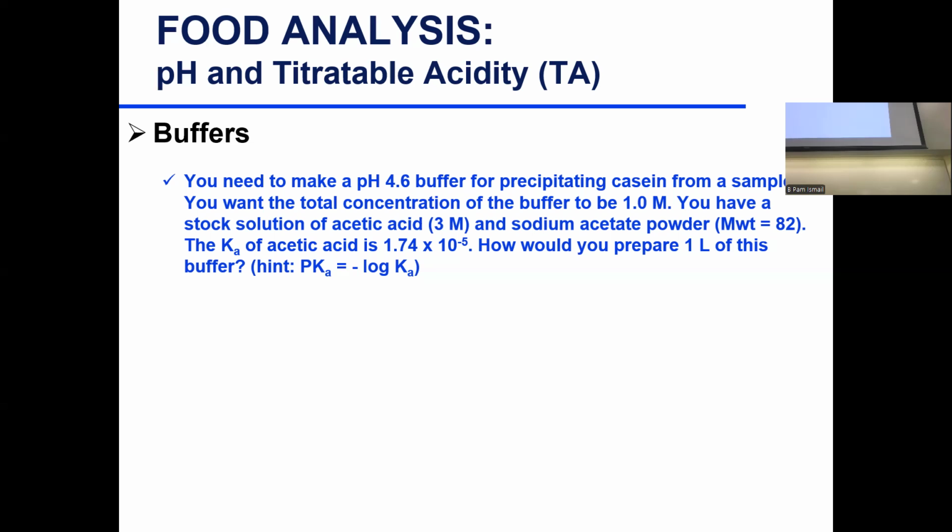I need the pKa, which is negative log the dissociation factor. What else was I given? Oh, 1 liter, so the liter is there, okay. I was given the concentration of the stock solutions.